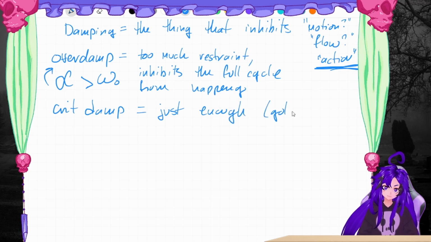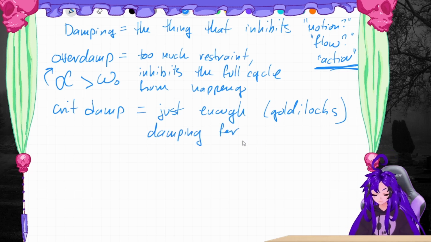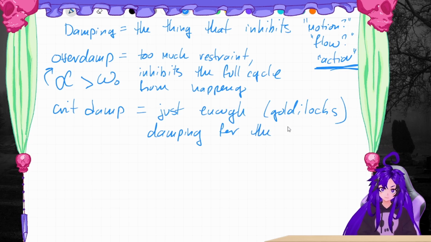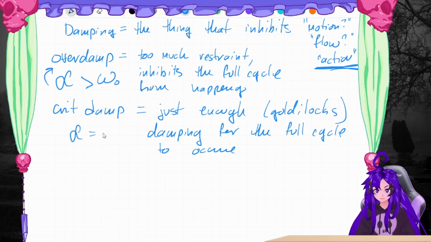Goldilocks. Just enough damping for the full cycle. For the full cycle to occur. And this one is the alpha equals omega naught.